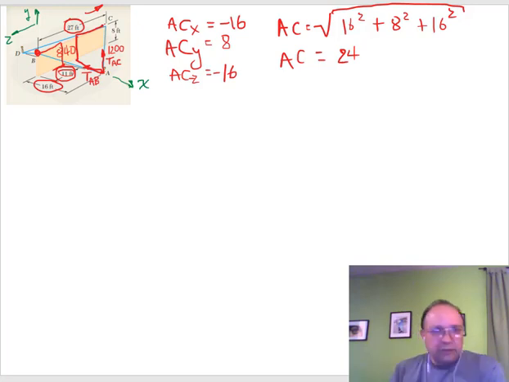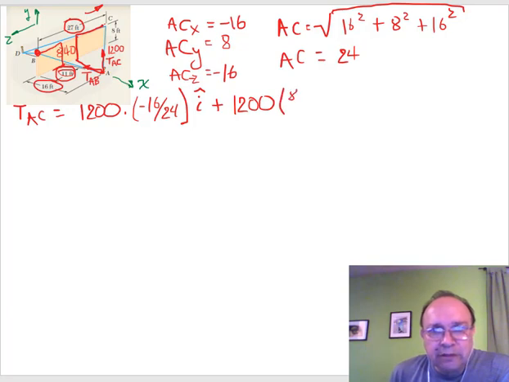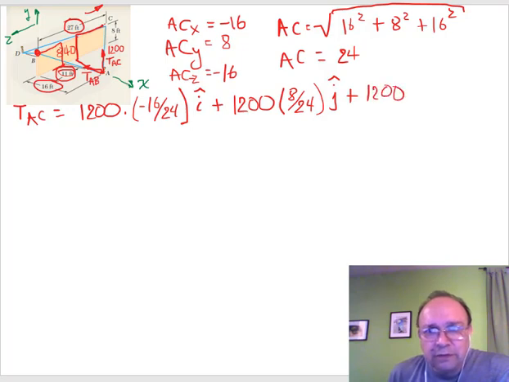So now the components of the force TAC would be 1200, I'm going to put it here in one whole line, multiplied by minus 16 over 24 i, plus 1200 times 8 over 24 j, plus 1200 times minus 16 over 24 k.